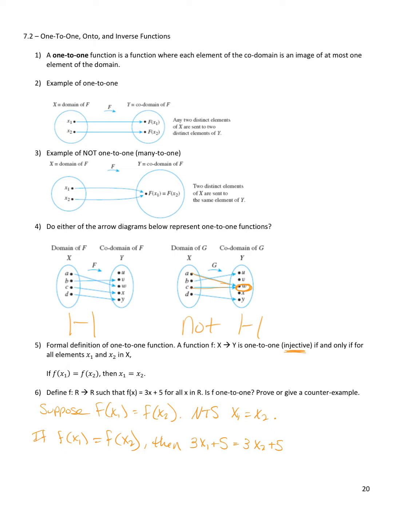We can subtract 5 from both sides, and the equation will still be true. So we have 3x1 equals 3x2. Divide both sides by 3, and the equation will still be true. I'm running out of room here, sorry. So x1 equals x2. So we showed x1 equals x2.